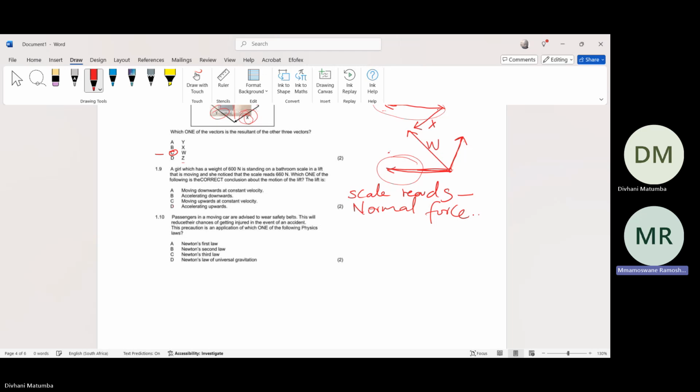Now they said the girl has 600 newtons. That's what the scale is reading, right? And then the lift is moving, and she noticed that the scale reads 660. It means the normal force has increased.